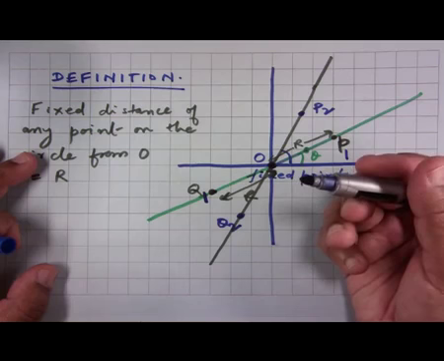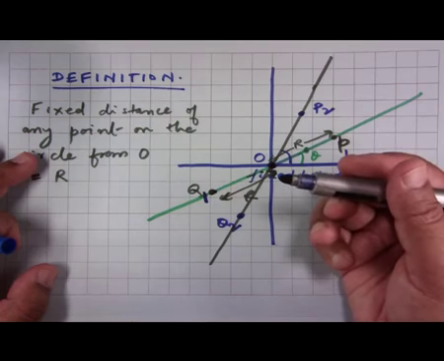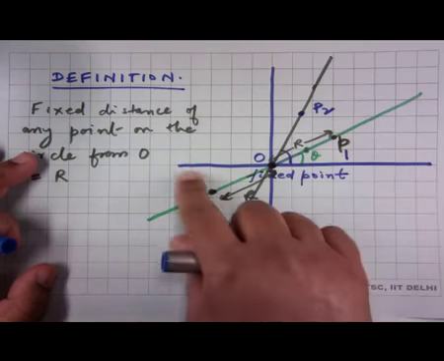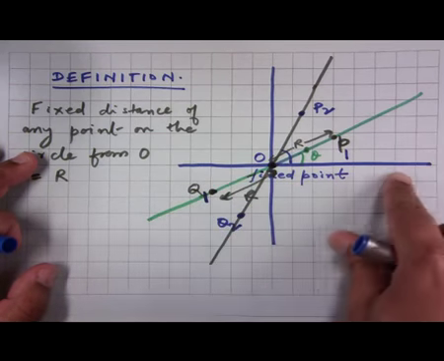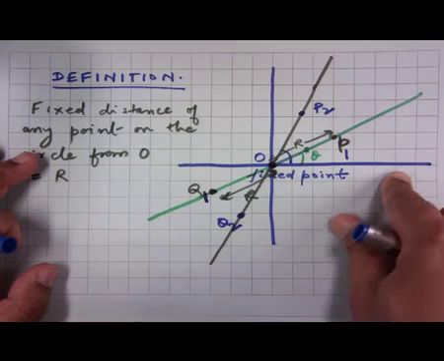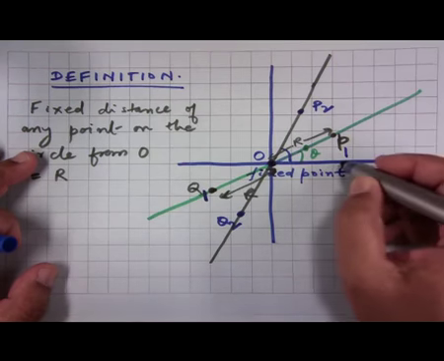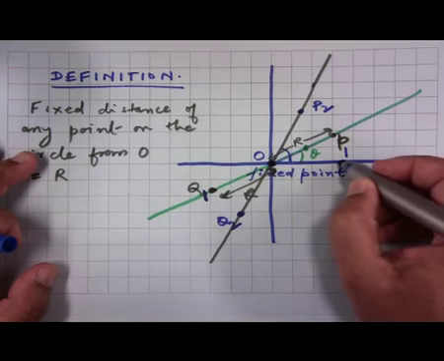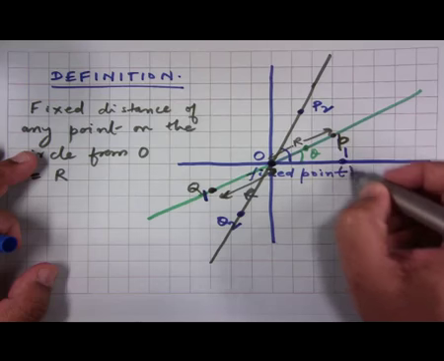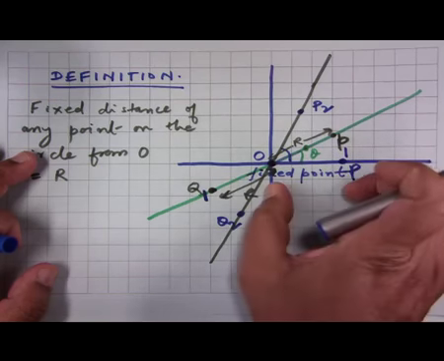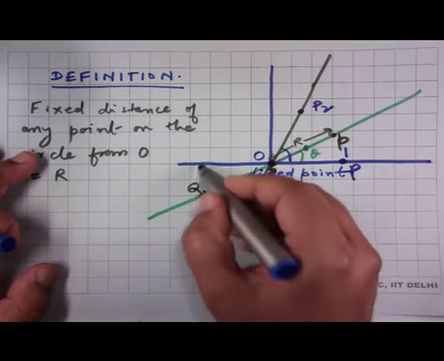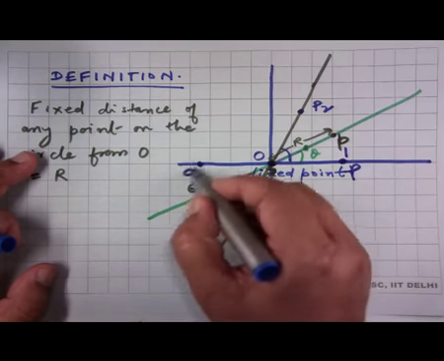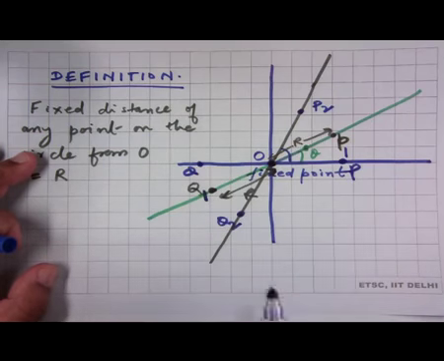For example, if we take theta equal to 0 degrees, then we have this horizontal line itself, and on it we have this point P such that OP is equal to r, and this point Q such that OQ is also r.